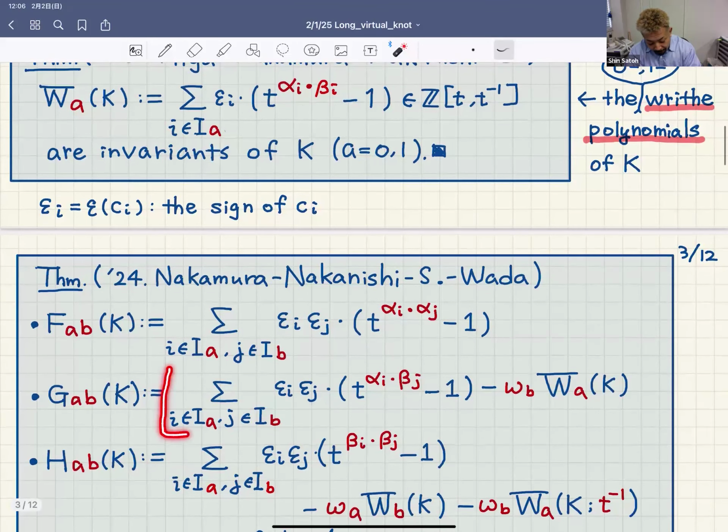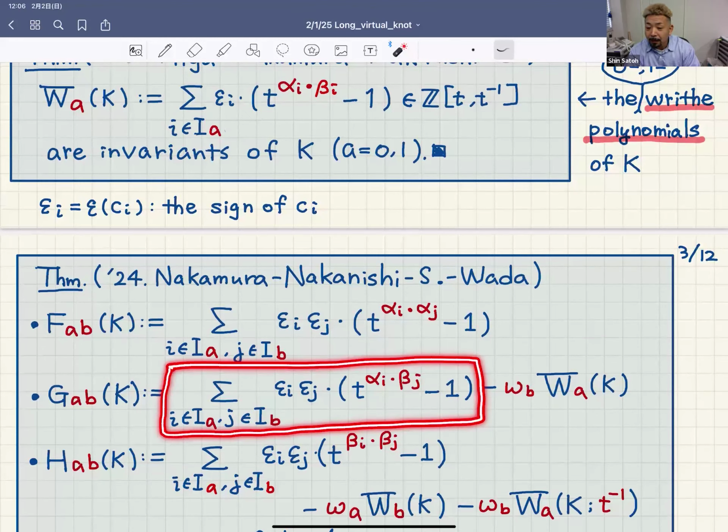When we consider this sum, then the sum is invariant under Reidemeister moves 2 and 3, but not invariant under Reidemeister move 1. So by adding the correction term here, we see that GAB is also an invariant of a long virtual knot K.